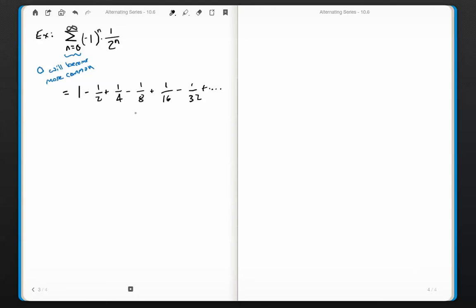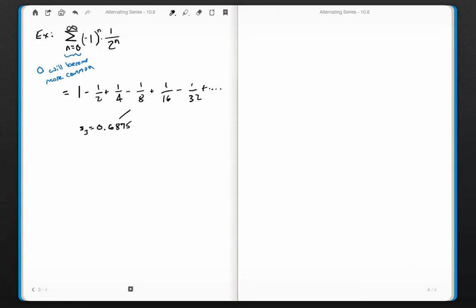Now I came up with a few sums. We know this is 0, 1, 2, 3, 4. The 1/16 is actually the fourth term, and the 1/8 is the third. So S sub 3, and I did this in a little Excel spreadsheet, and I'll show you guys how to do that, comes out to be 0.6875.